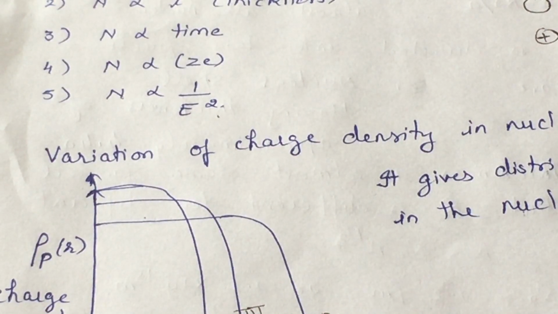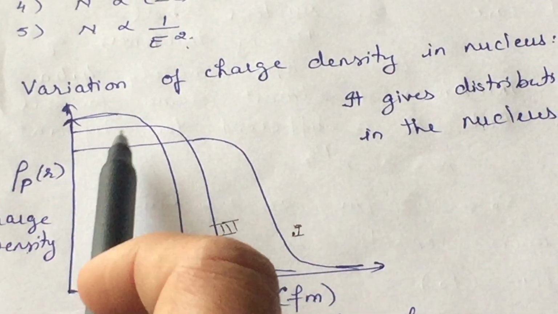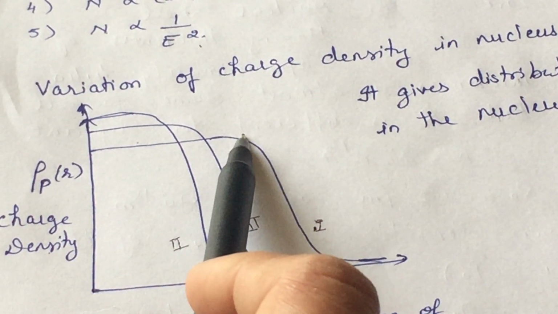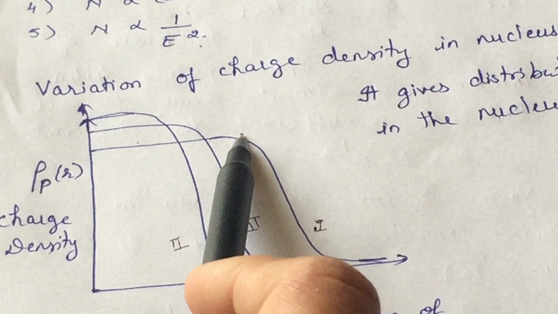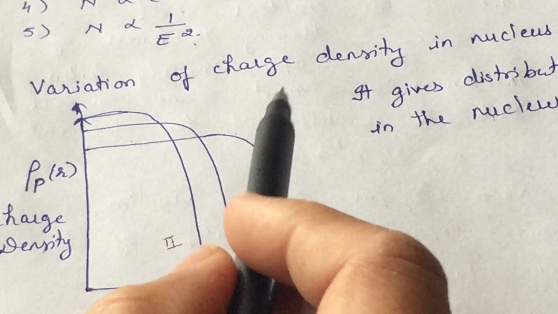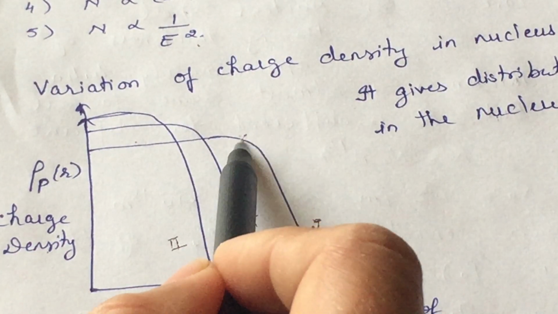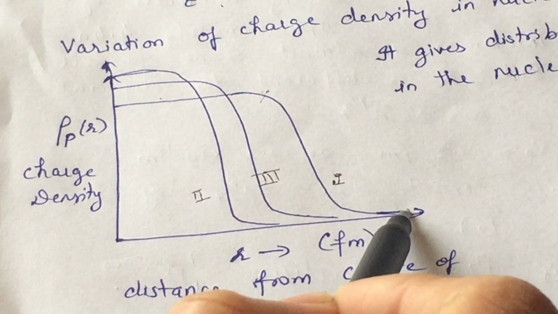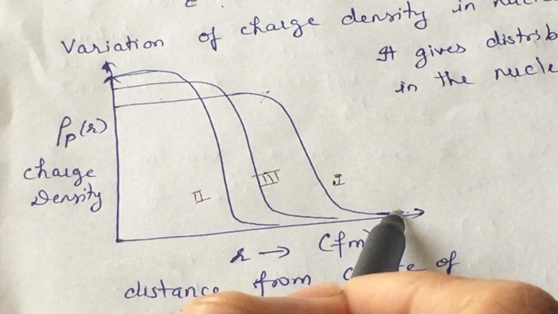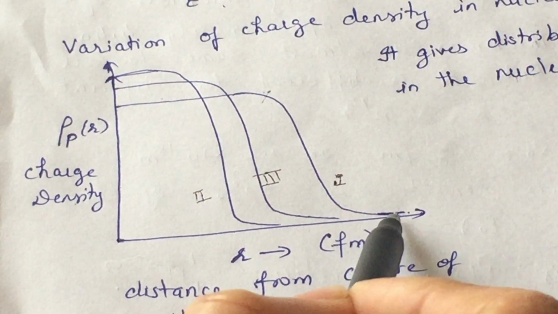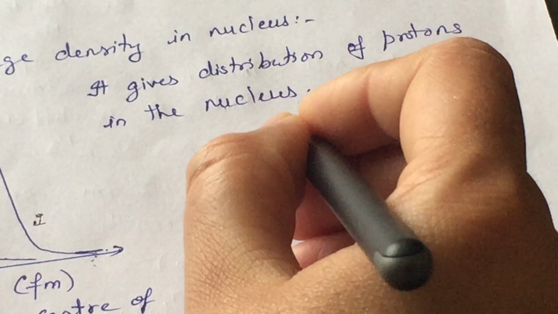For the heavy nucleus, as we see in this graph, the charge density remains constant for a large distance from the center of the nucleus, and after a certain distance the charge density gradually goes on decreasing, but it is not equal to zero anywhere. At r equal to infinity, it is going to be zero. It means the nucleus has no sharp boundaries.